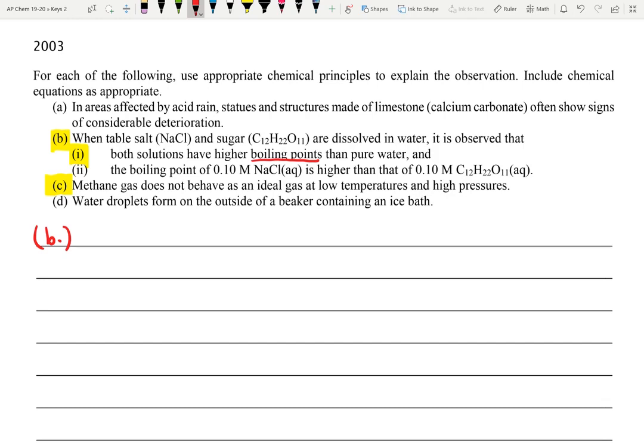Now, it has to do with the atmospheric pressure and an equilibrium between the vapor pressure of the water at that temperature and the atmospheric pressure as well. But we're going to get to that more when we get into gas behaviors. At this point, we want to know that boiling point is a function of how attracted the molecules are to each other in the liquid state. So boiling point is a function of intermolecular forces.